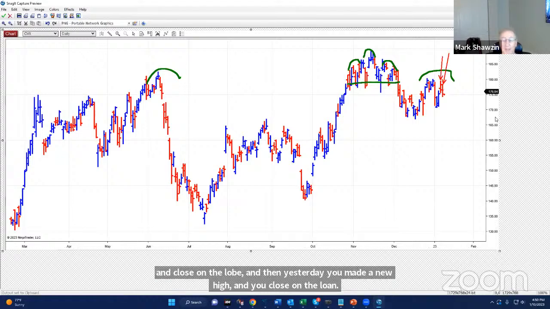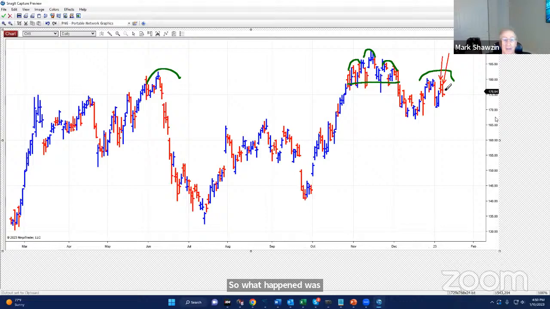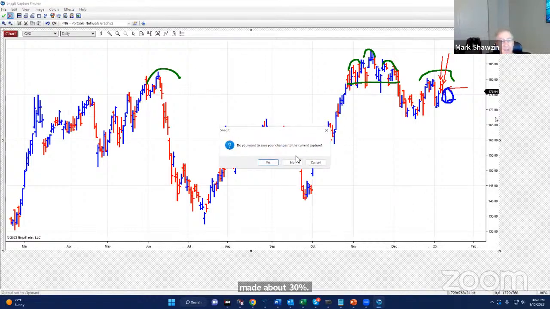So what happened was Chevron just opened higher, at like 176.80 or something like that. And so I started buying my puts right there, and then Chevron went there. So I just took advantage of this through put options and made about 30%, 40% of my money in about a half hour, just looking at that price action.